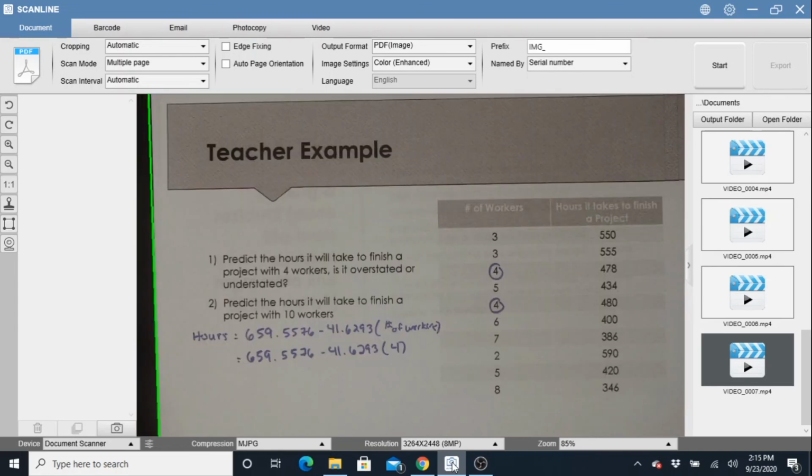So let's do 41.6293 times 4. So we get 659.5576 minus 166.5172.